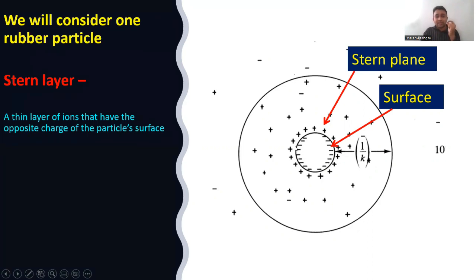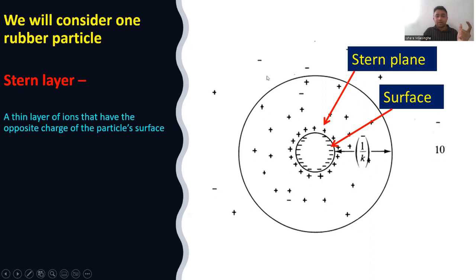So the electrostatic field of this rubber particle ends at this point. It cannot attract any positive or negative charge beyond this layer, beyond this limit.